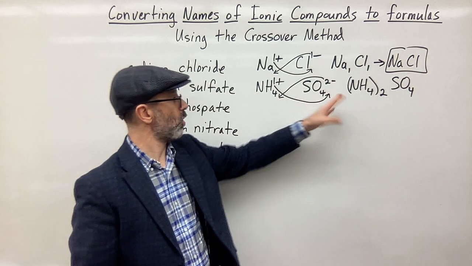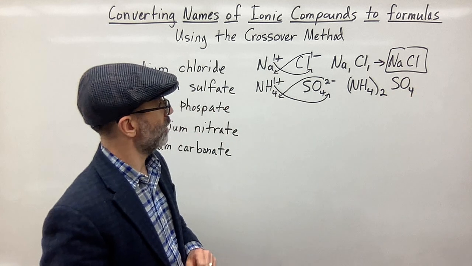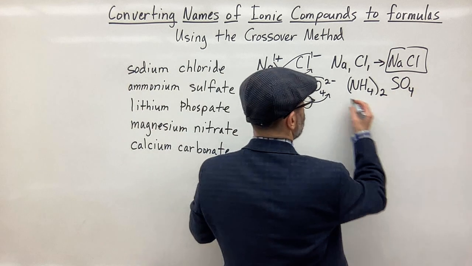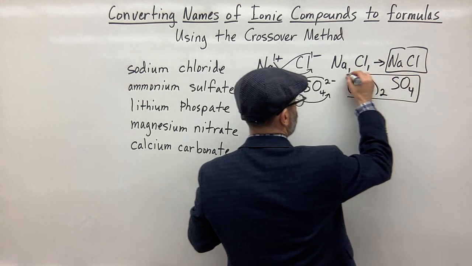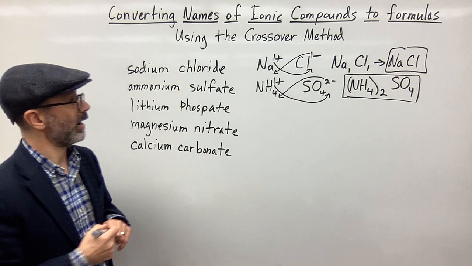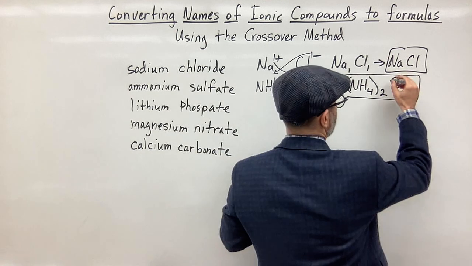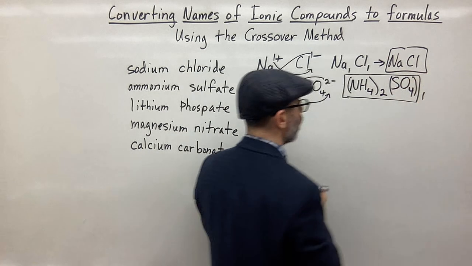And so therefore now I have 1. We don't write the 1 subscript here, but this is the way the formula is now. So this is the formula for ammonium sulfate. Right? So if I put parentheses, I could put the 1 like that.